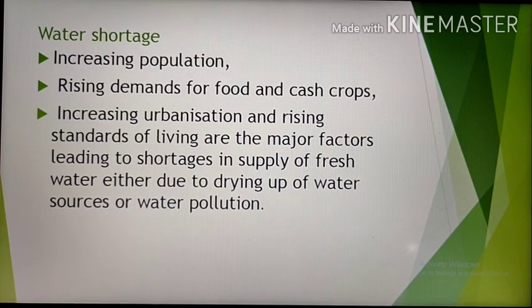Countries located in climatic zones most susceptible to droughts face great problems of water scarcity. Thus, water shortage may be a consequence of variation in seasonal or annual precipitation, or the scarcity is caused by overexploitation and contamination of water resources.